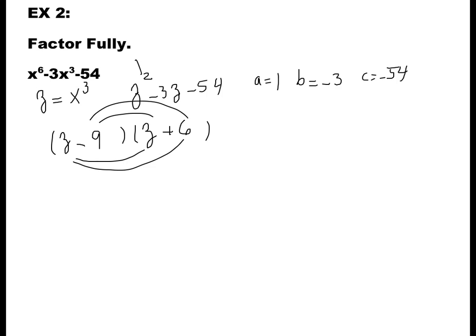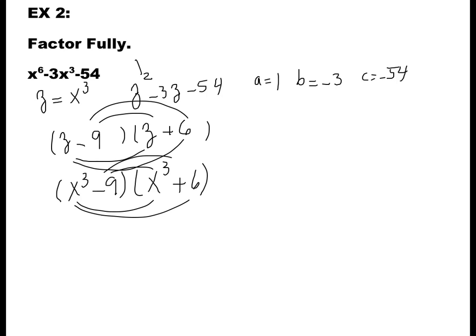Again, to test, I'm going to use the arrow method for the product of the two brackets. Before I do that, I'm going to replace z with x cubed. So this becomes x cubed minus 9 times x cubed plus 6. Now I'm going to find the product of these two binomials.